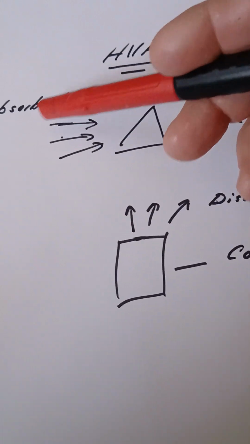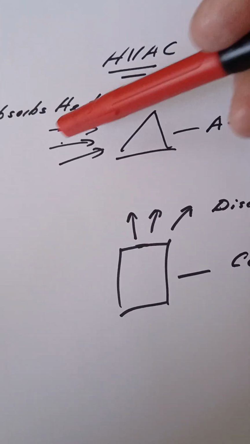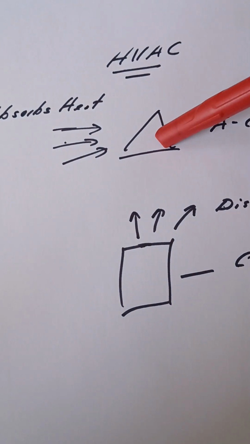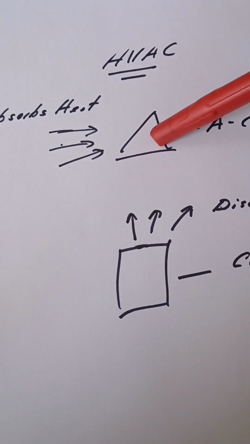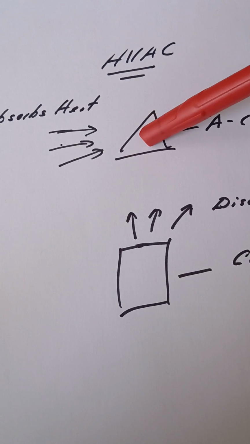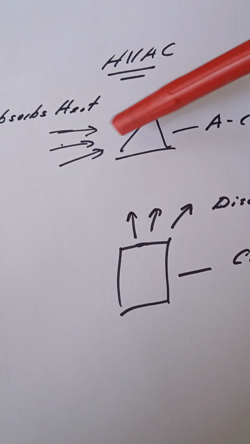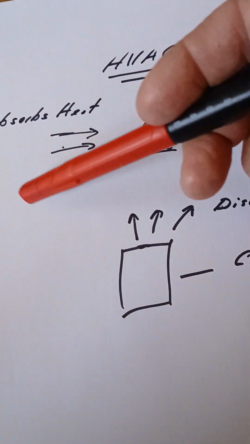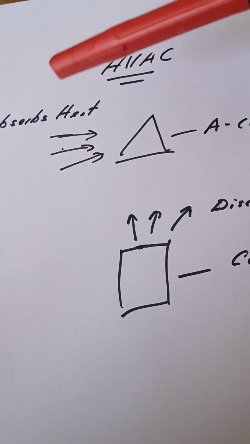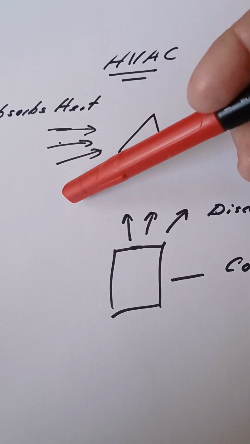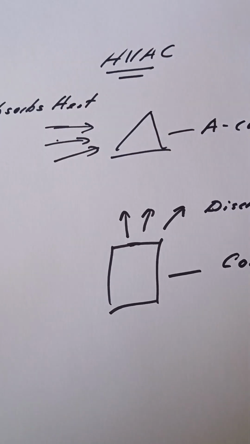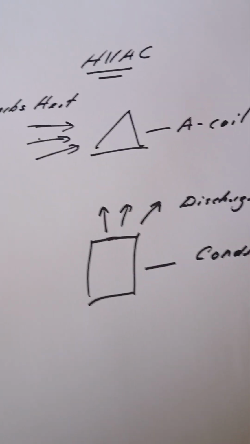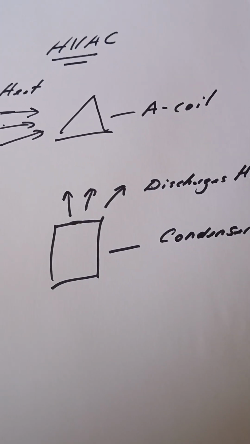Then this A-Coil actually takes the heat from the house and pulls it towards the A-Coil, almost like a fictitious analogy, say if this were a magnet. So in the house, once we pull the heat out of the house, then the temperature of the house should progressively drop. So A-Coil, condenser, absorb heat, discharge heat.